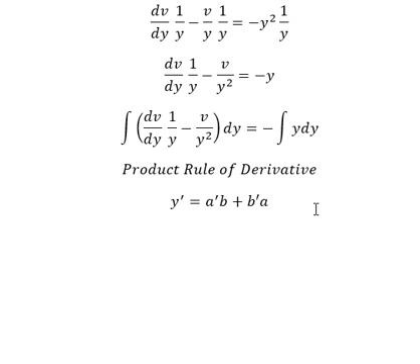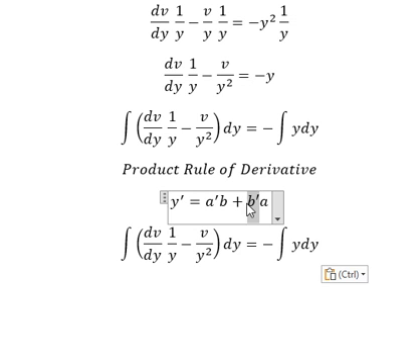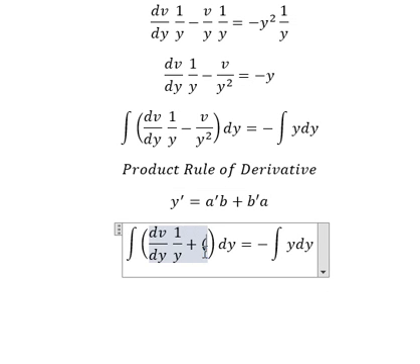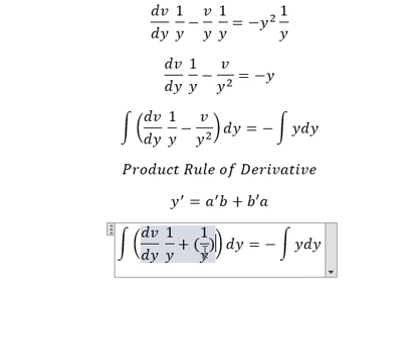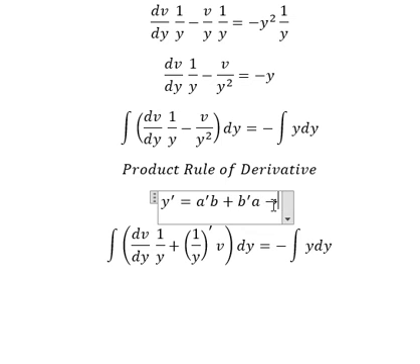If we look carefully, this is the first derivative of a multiplied by b, and this one is the first derivative of b multiplied by a. So if we do the integration here, we have y equals ab.